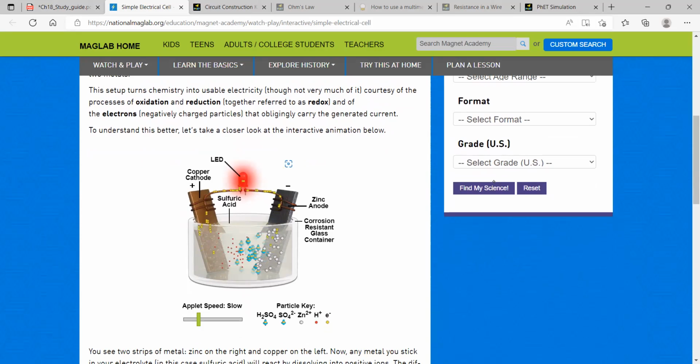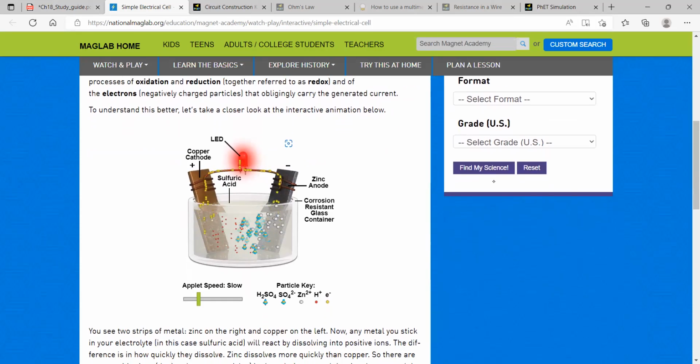When zinc is dissolved in sulfuric acid, it leaves behind 2 electrons in the plate. You know that the electron is negatively charged, and that's why the right-hand side plate, the zinc plate, is negatively charged, and we call it the negative terminal, also called the anode.